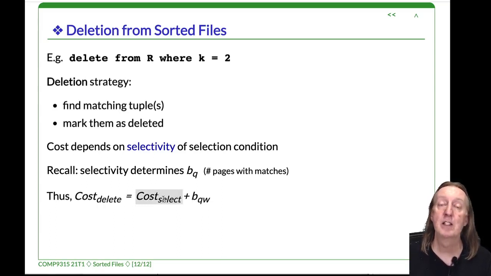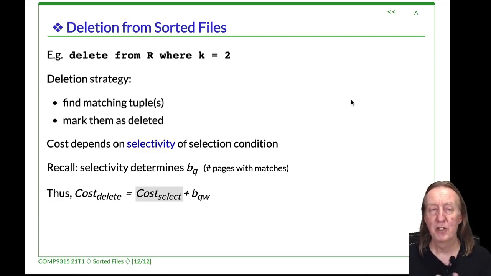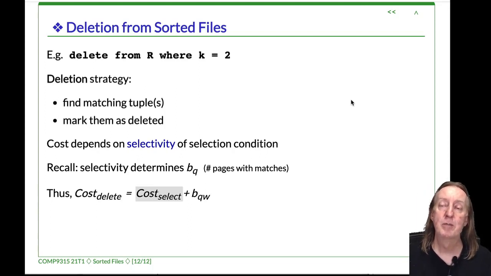Basically, this finds all of the pages containing matching tuples, and this is the cost of writing them out. Okay, so that's all of the operations on sorted files. I've been a little bit terse on the insertion and deletion, but hopefully you could flesh out the algorithms for doing that. Okay.